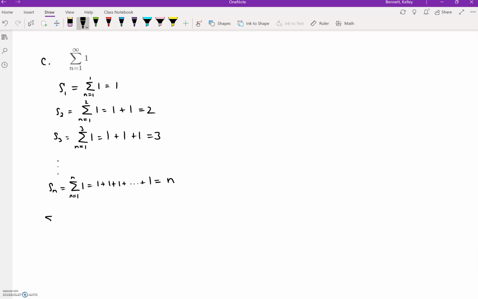So the summation from n equaling 1 to infinity of 1 equals the limit, as we've defined it, of the partial sum S sub n. And we know the general form for our partial sum is just n. So the limit as n goes to infinity of n equals infinity. So we conclude the series diverges.